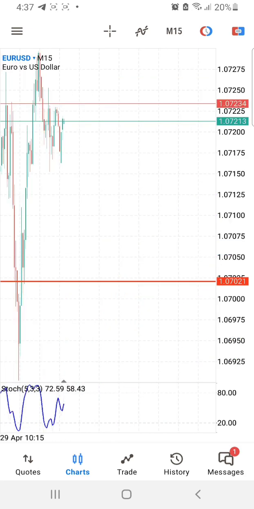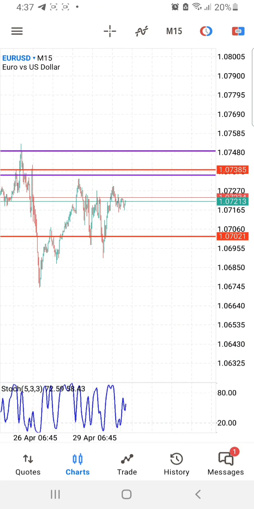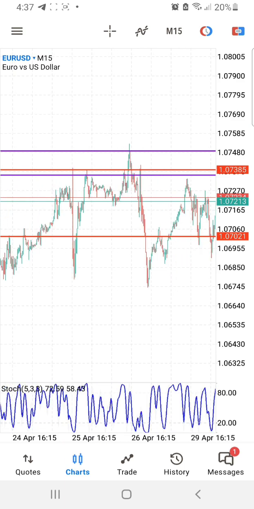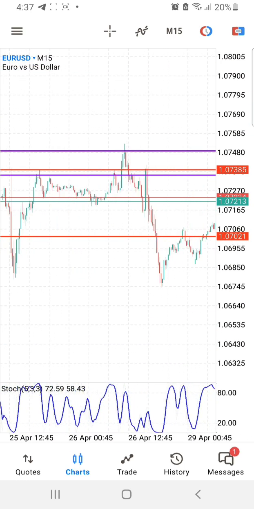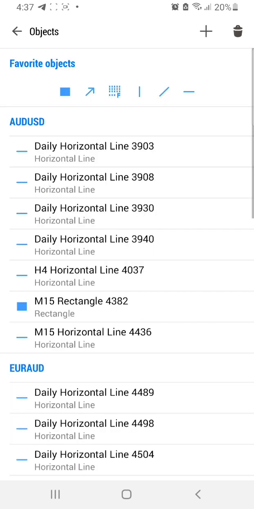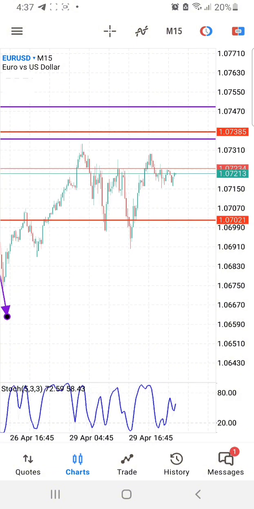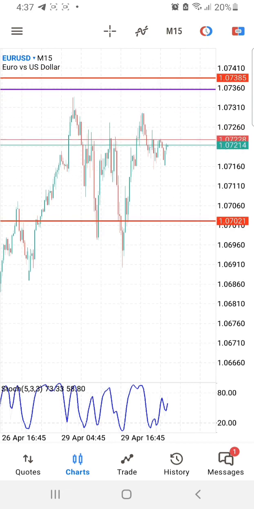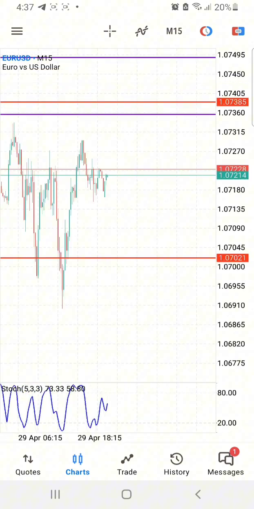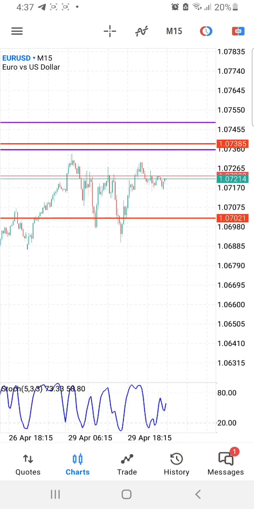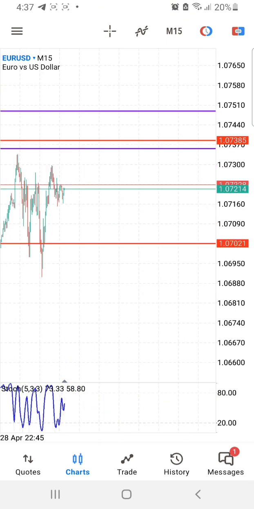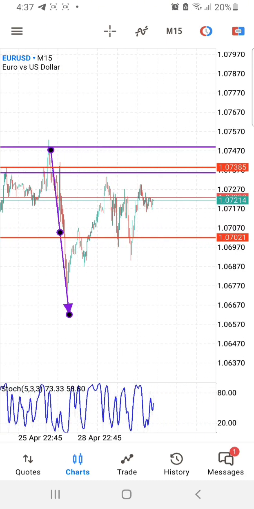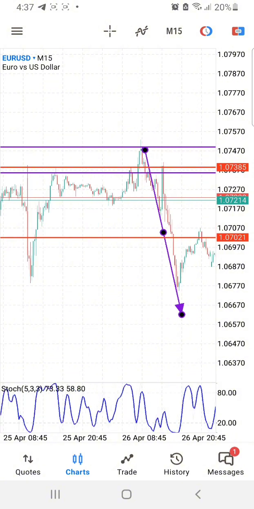So we'll go to the 15 minutes time frame. The market is reacting to our level. As you can see, the market is reacting. Look, there was a push down here, right? That was a big push down, and that is a very sweet push down. So what we're actually looking for now is for the market to come back to that area, right?